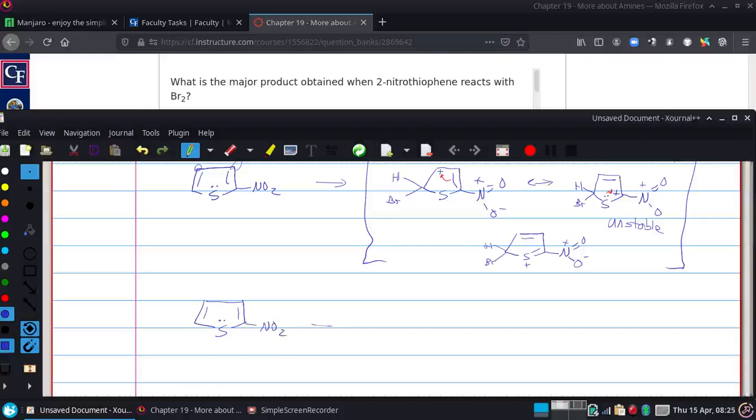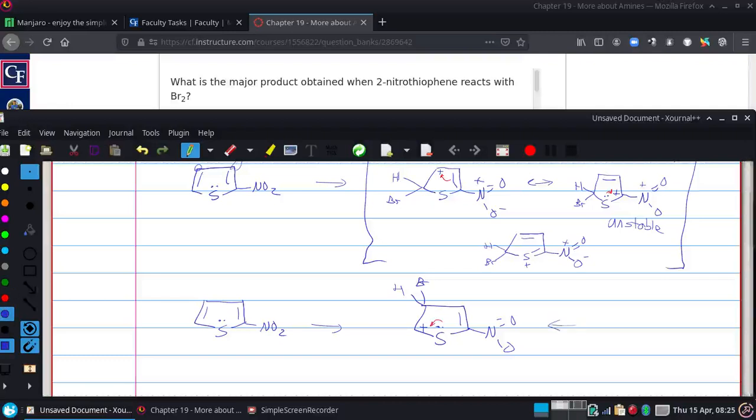So I'm going to show our first one. And I'll put the H and the Br here, which would cause that location to get our cation. And then our only resonance contributor is those lone electrons dropping down in.